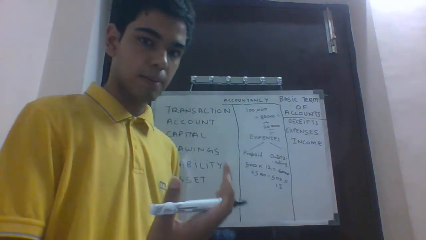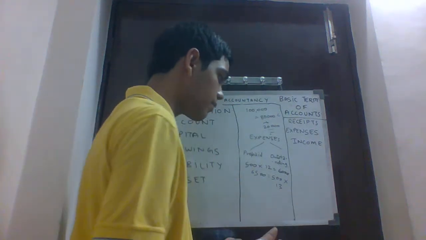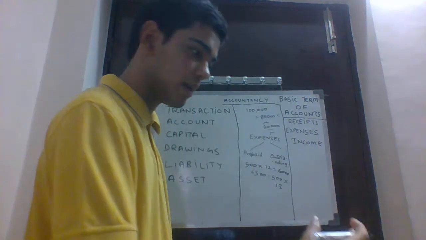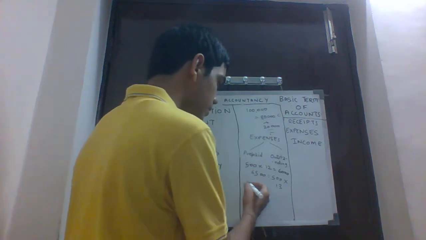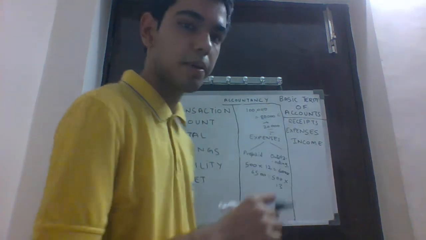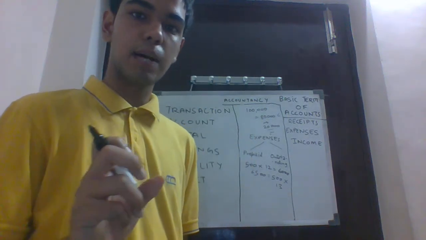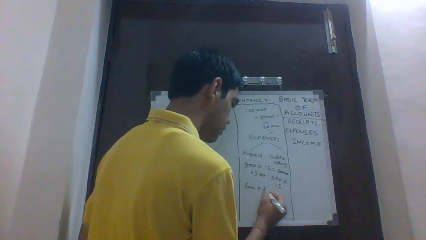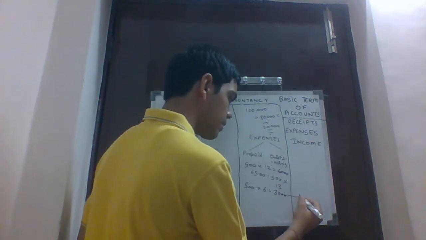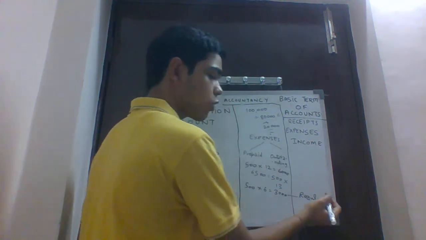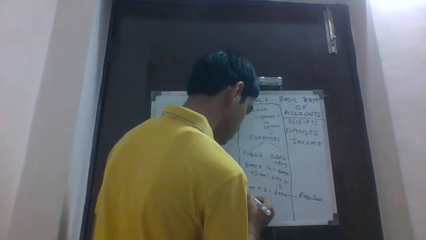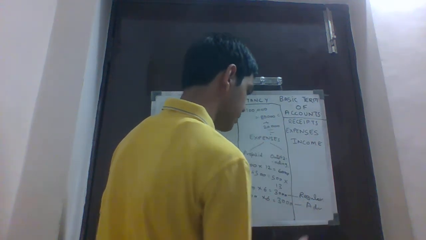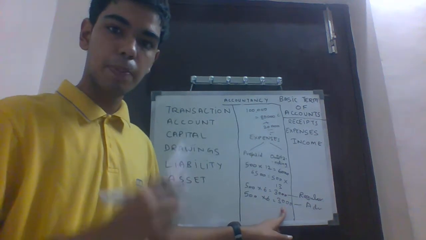Now let's take one more example. For example, on 1 October 2017 we took a flat on rent, and the rent of that flat was 6,000 monthly. According to that accounting year we have 6 months, so the expense for 6 months, that is rent, 3,000 will be regular or normal expense, and the rest 3,000 is paid in advance. This 3,000 will be known as the prepaid expense.